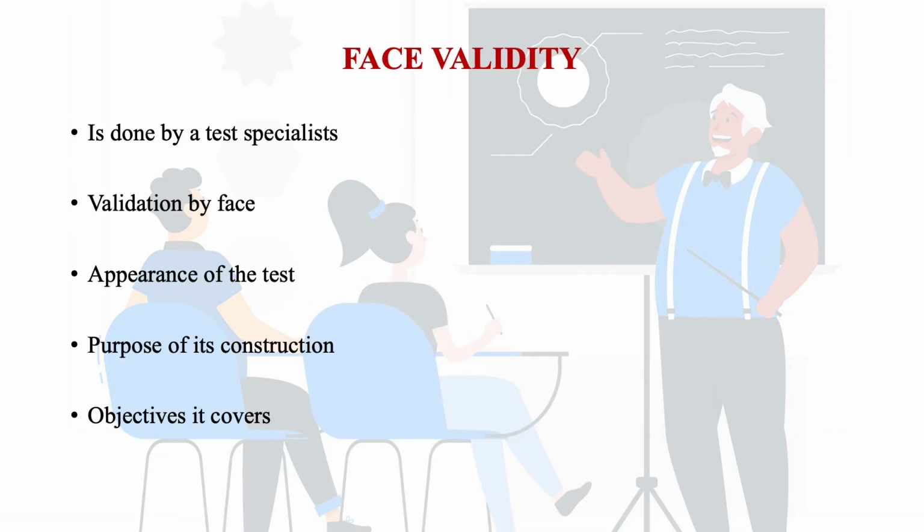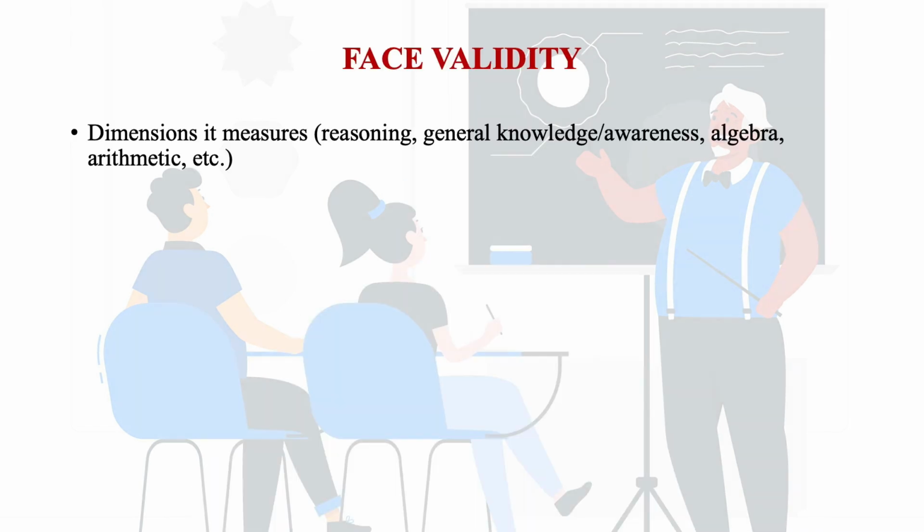And the objectives it covers. What are the different objectives of the test, and whether items are constructed as per the objectives or not. And further, every test or every tool has certain dimensions. So what are the different dimensions it measures? Let us say the questions are related to reasoning abilities, general knowledge or awareness, then algebra and arithmetic.